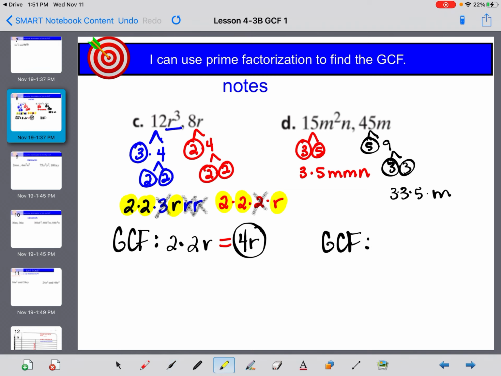All right. In doing the prime factorization, I can look and see in my list that they have a 3 in common, a 5 in common, and 1 m in common. So 3 times 5 times m is the same as 15m, the greatest common factor.